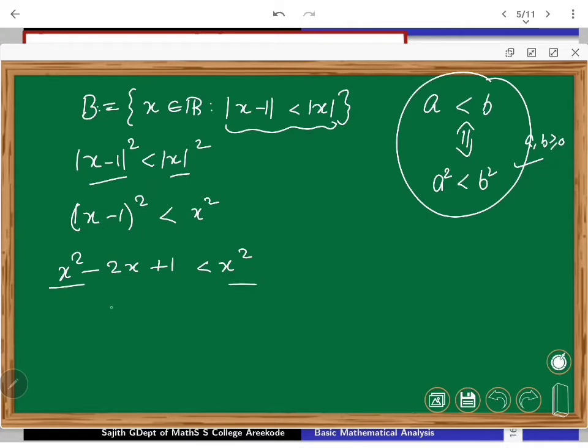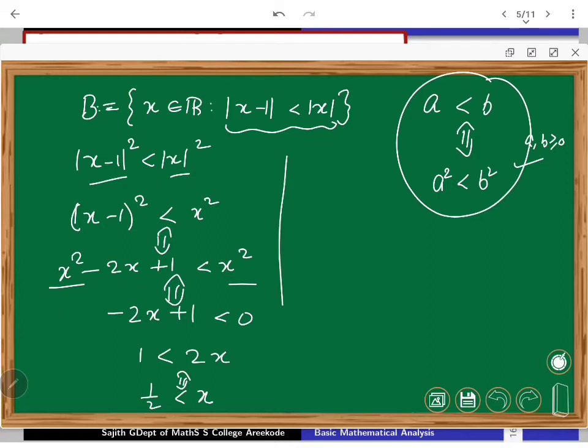So what I am going to get now is minus 2x plus 1 less than 0, which ideally says 1 is less than 2x, or equivalently 1 by 2 is less than x. So fundamentally I am looking at those real numbers x, all x's, x exceeding half.